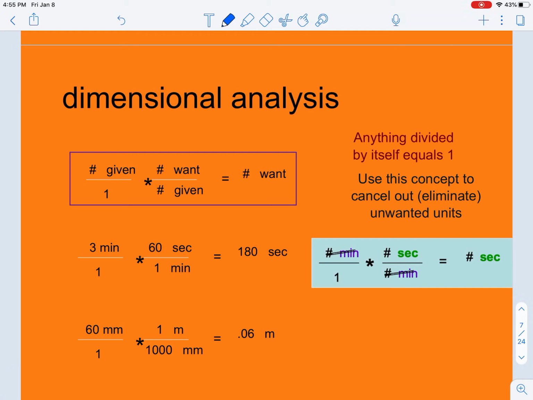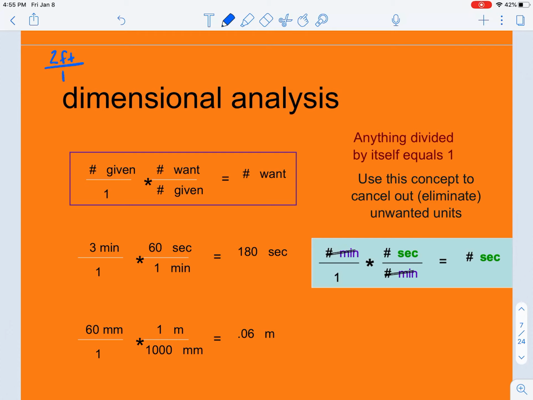So for example, let's just stick with my example of 2 feet from the door. If I wanted to know how far away this is in inches, then I would need to set up a fraction that tells me the relationship between feet and inches so that I know what to multiply or divide by.